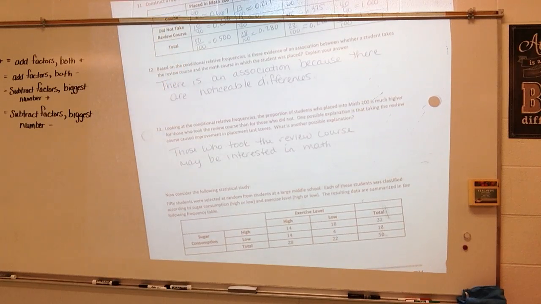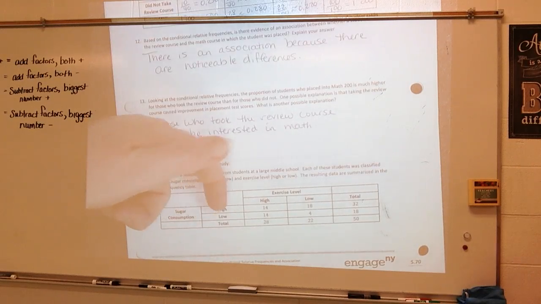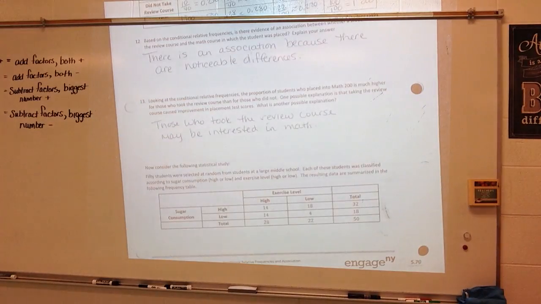Now consider the following statistical study. 50 students were selected at random from students at a large middle school. Each of these students were classified according to sugar consumption, high or low, and exercise level, high or low. The resulting data are summarized in the following frequency table. Alright, sugar consumption, high, low, total, here's their exercise level.